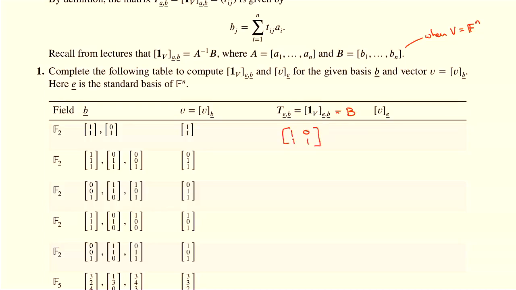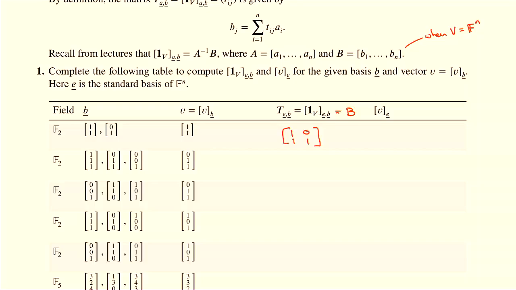But there is a little bit to do here. What you're being asked to do is find V in the standard basis now, in the same basis that this B is being written in. So we're trying to find V in the standard basis.